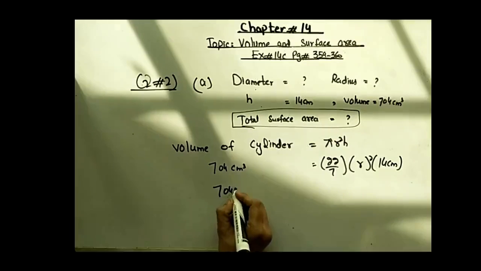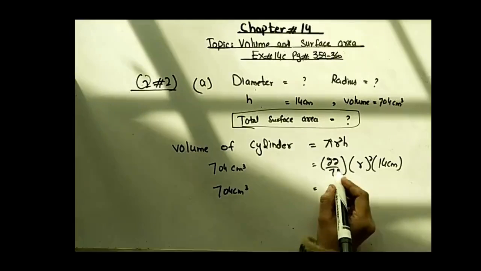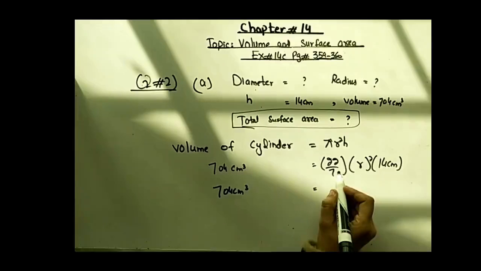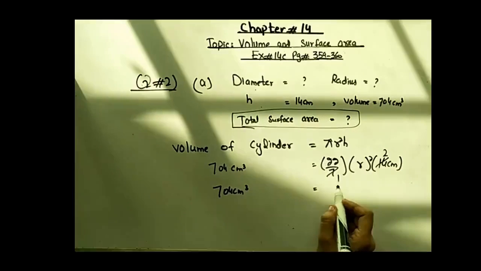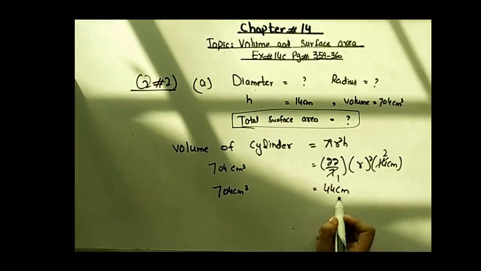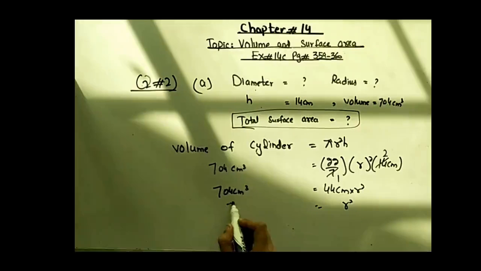Then 704 centimeter cube and then 22. There are multiplication signs in these three terms, so it means we can use cross multiplication. 7 1s are 7, 7 2s are 14. So 2 multiply 22, 44 centimeter. Multiply r square. So leave the r square here.